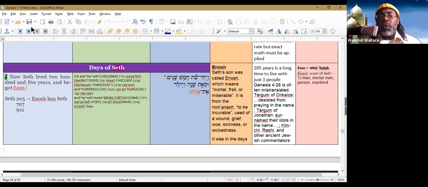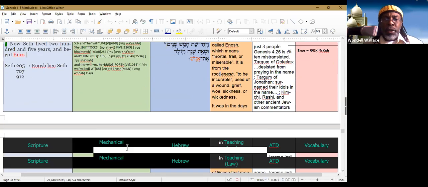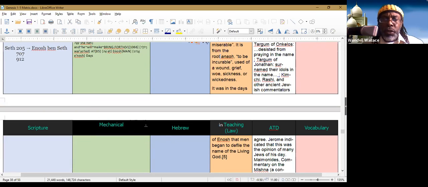All right, so the word Enosh. Seth's son was called Enosh, which means mortal, frail, miserable. It is from the root anash, to be incurable, used of a wound, grief, woe, sickness, or wickedness. It was in the days of Enosh that men began to defile the name of the living God.